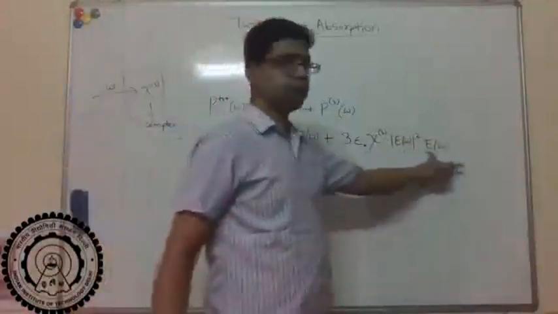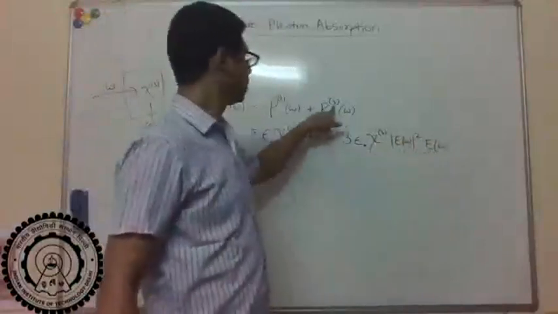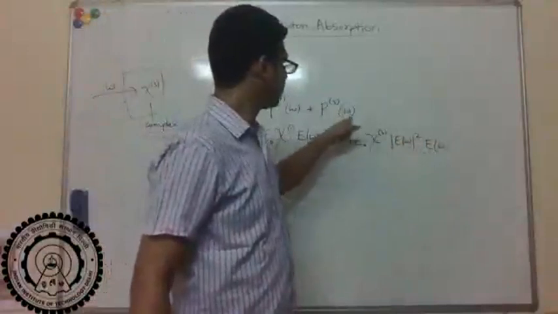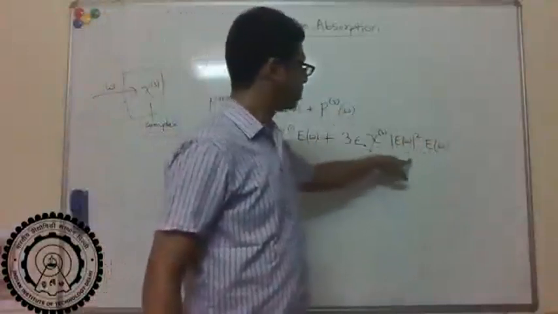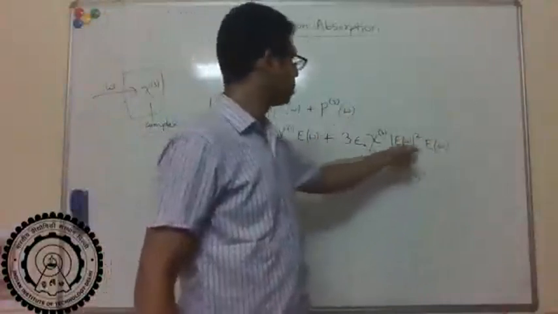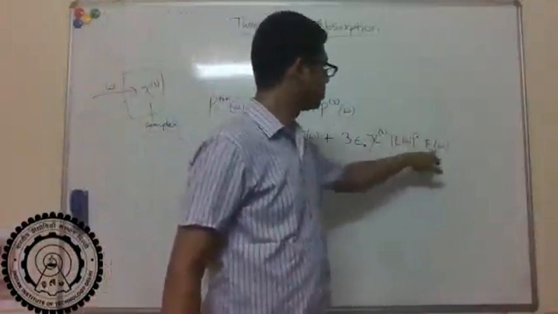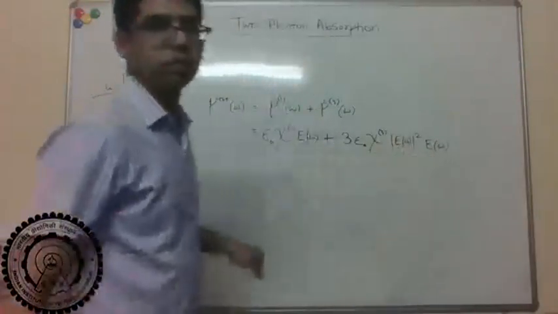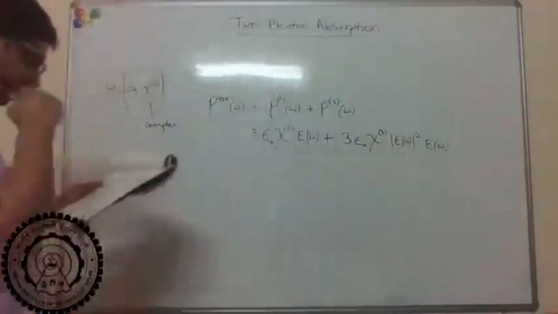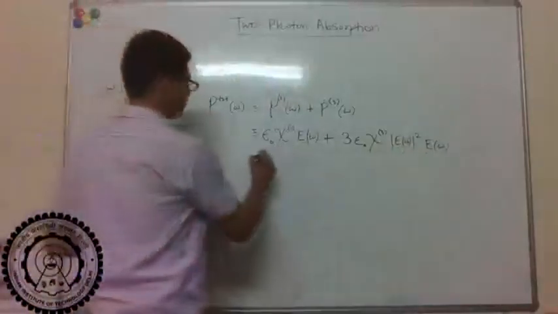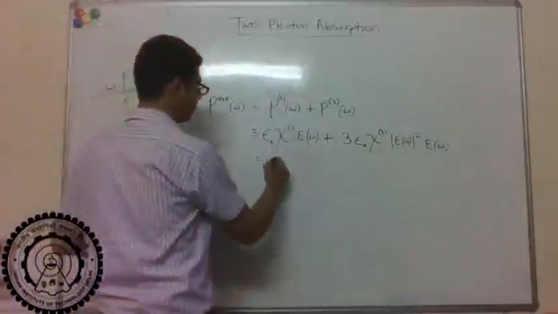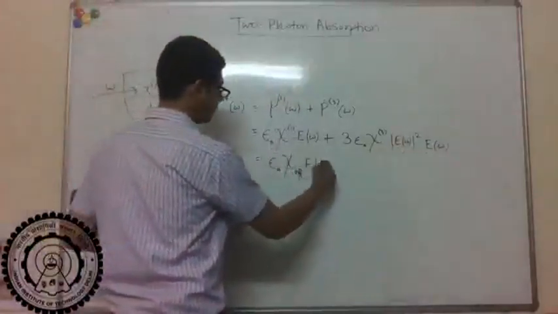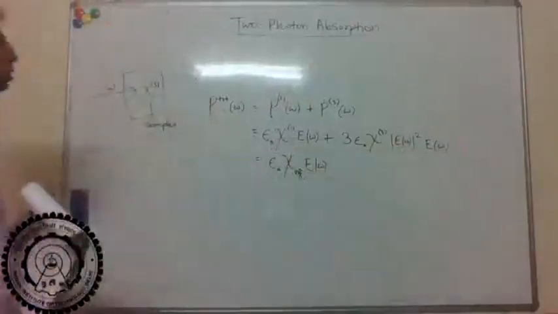So this is already in the last class, right? So if you want third order polarization at omega, then we can write omega as omega plus omega minus omega, right? So we get one conjugate term and two of the usual term, so we get mod E square E, right? And then again we did this last class, so we wrote this as basically some chi effective times the electric field, right?